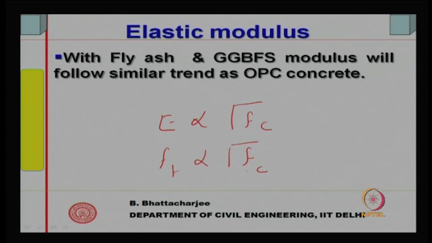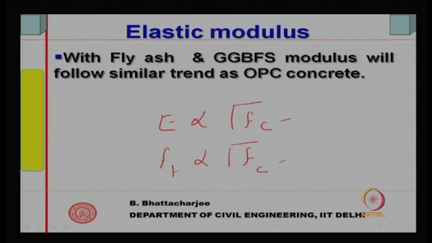And this type of relationships are still valid in case of fly ash concrete as well. Modulus of elasticity shows similar kind of behavior. So, with fly ash and GGBFS, modulus of elasticity will follow a similar trend as OPC concrete, because there is no reason why it should change.